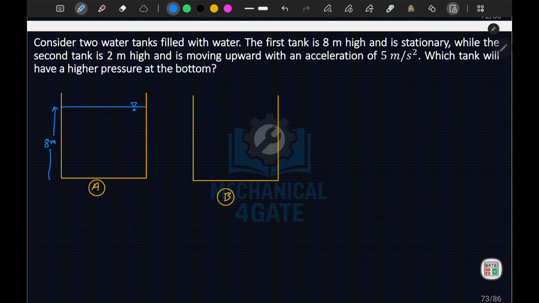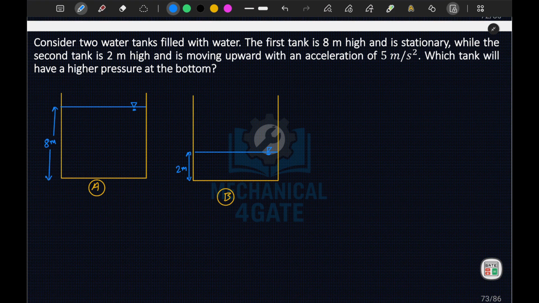Okay, and this is tank B, while the second tank is 2 meter high. So the water level in the second tank is 2 meter high. Okay, this height is your 2 meter.